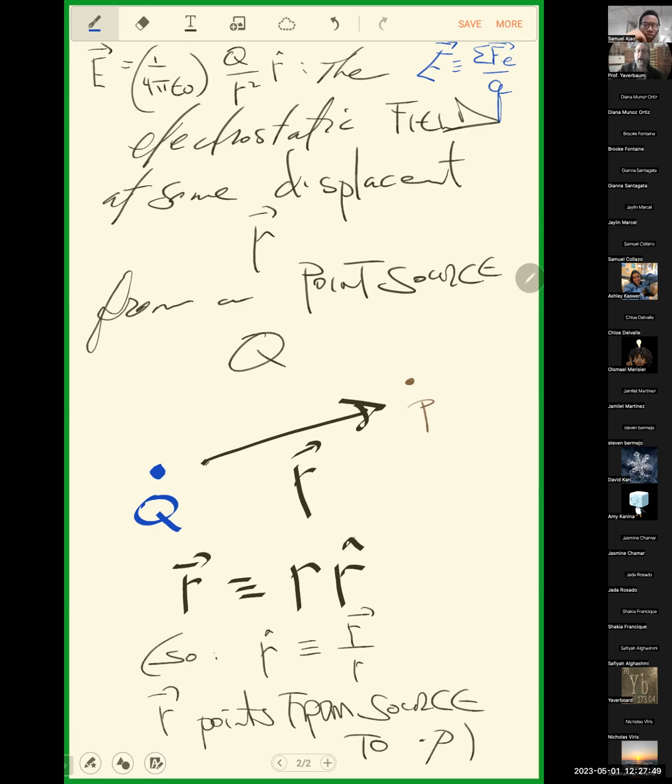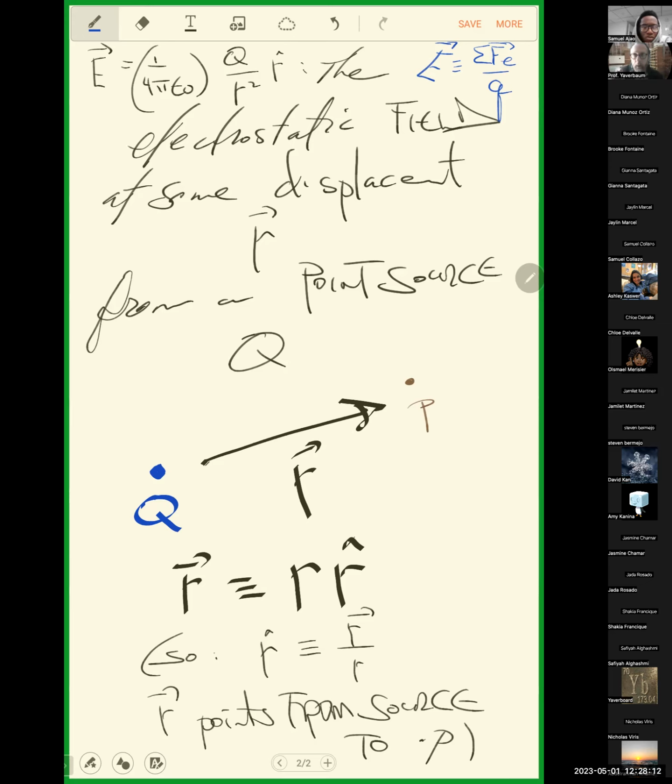Okay, so that's totally fair. I'm going to repeat it a lot, and there are different ways to say it. The main thing I'm saying right now, and then I'll go back to this probability question, is field is force per charge. Honestly, that's the most straightforward way I can put it.